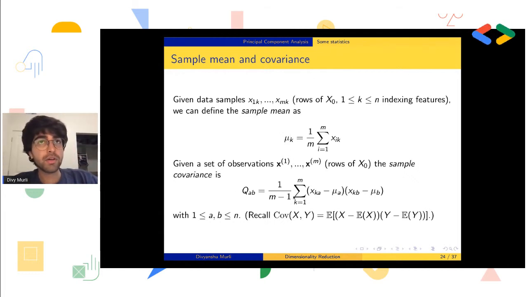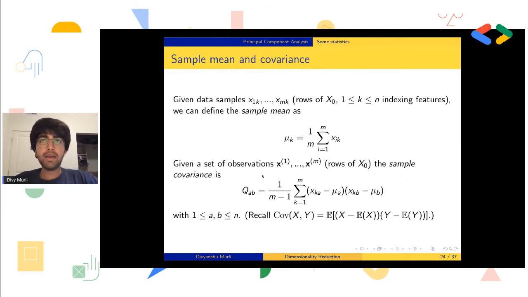And to get that true covariance, you need m minus 1 instead of m. You can read about it on Wikipedia, which has a derivation of why that's the case. If you're curious, you can look that up. But anyway, that's the sample mean and the sample covariance.